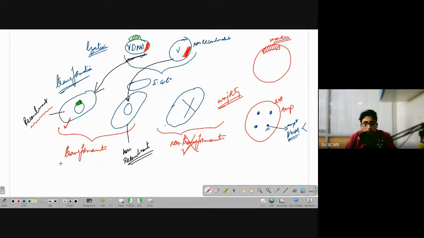And now our question is to identify recombinants from non-recombinants. Before going there, this is selection. We are selecting transformants from non-transformants.